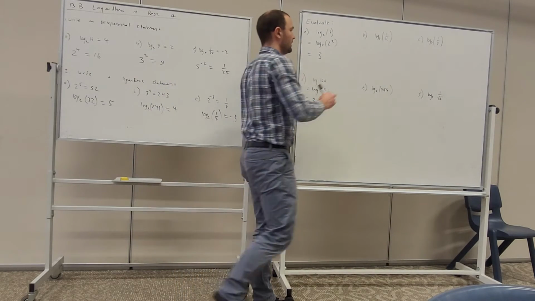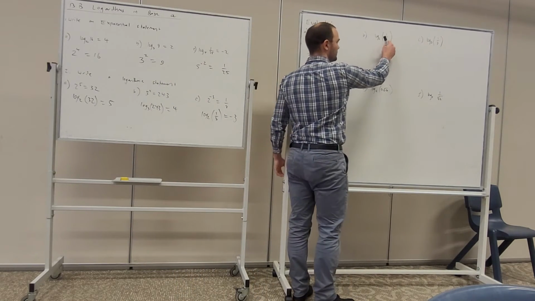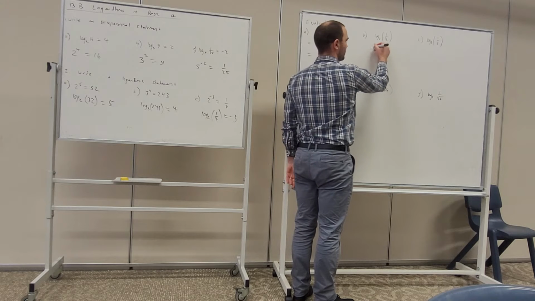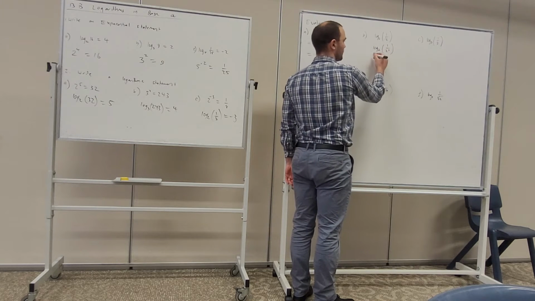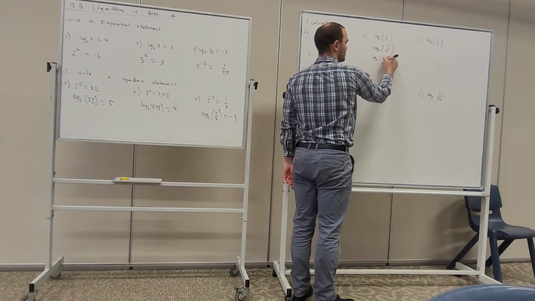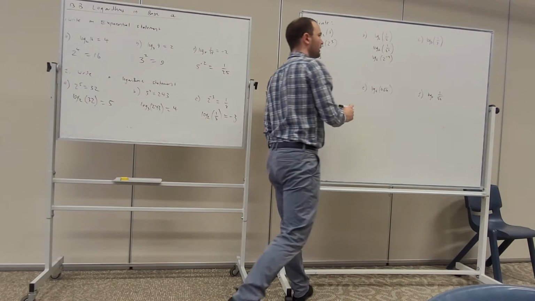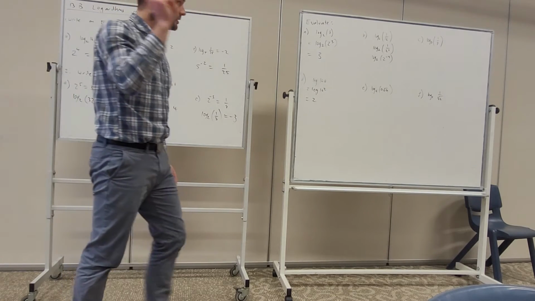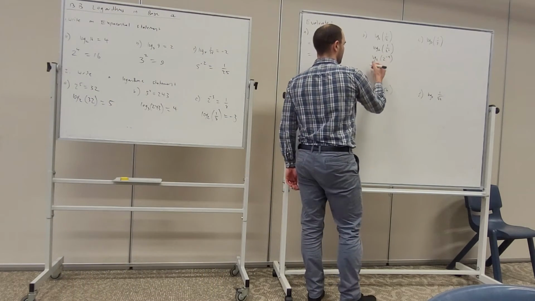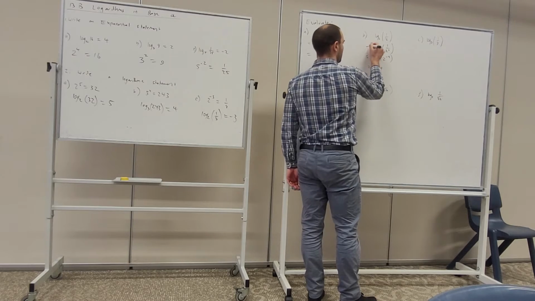Okay, log in base 2 of 1 on 16, we need to express this as a power of 2. Well, that's going to be 1 on 2 to the power of 4, which is 2 to the minus 4. We've expressed it now as a single power of 2, so we're going to simplify that to be minus 4.